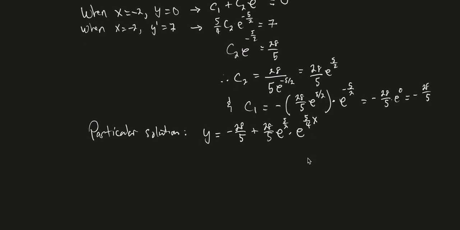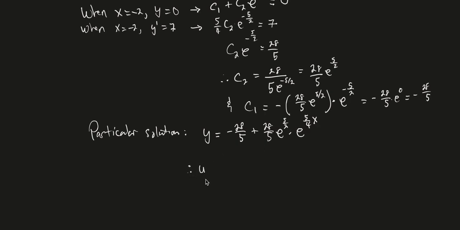I can certainly leave it in this form, but I'm going to use another property of exponents, the same property that I used here. Because I'm multiplying two exponential expressions where the base is the same, I can add the exponents.